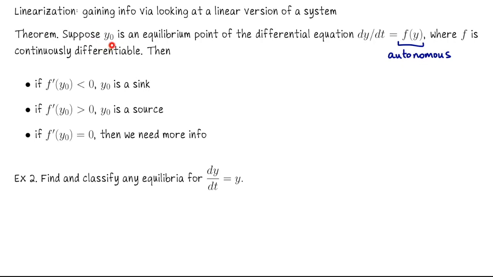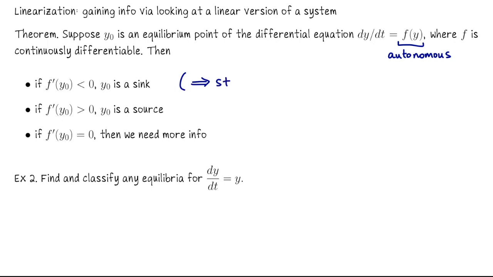Then if we found an equilibrium point y naught, what we want to do is differentiate the right-hand side. So we'll compute f prime, plug in y naught, and the sign can tell you if y naught is a sink or a source. If f prime at y naught is less than 0, it's negative, then y naught is a sink.